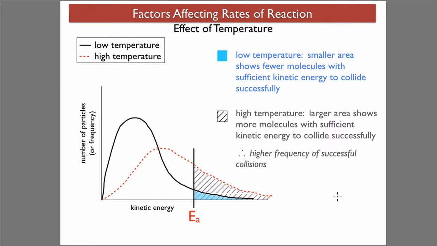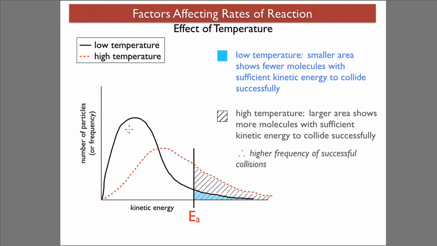Okay, how does temperature affect the rate of reaction? We've got a Maxwell-Boltzmann graph here. So we've got the number of particles on the left, and kinetic energy here. What high temperature does is it moves the graph line further to the right.